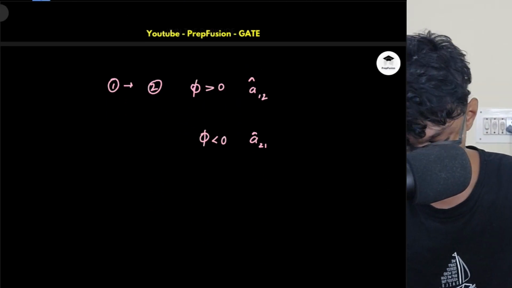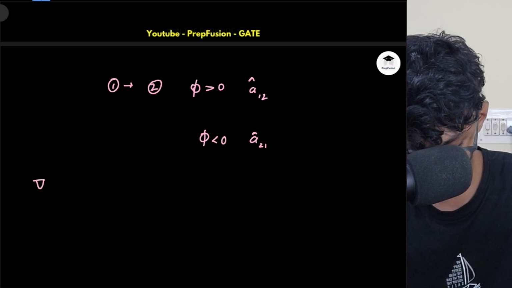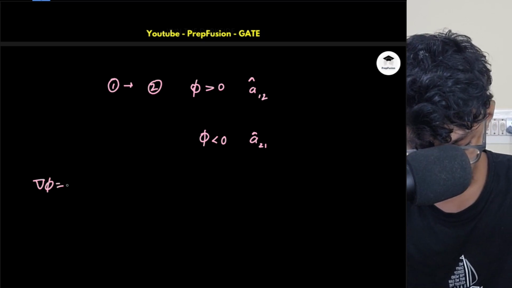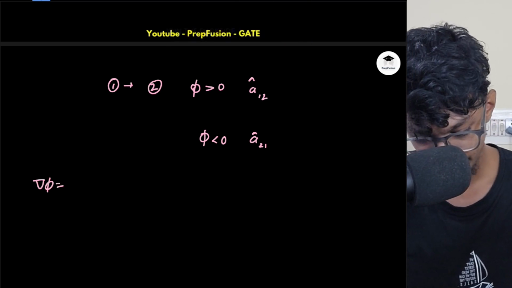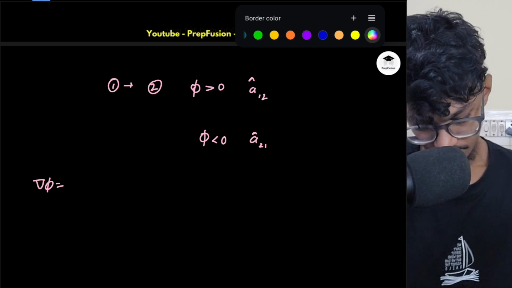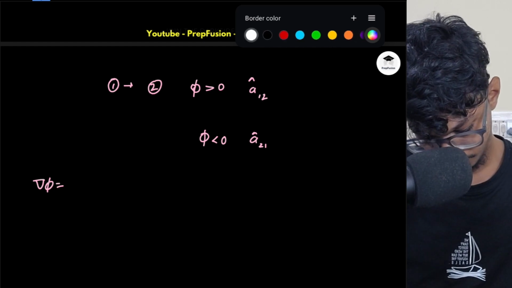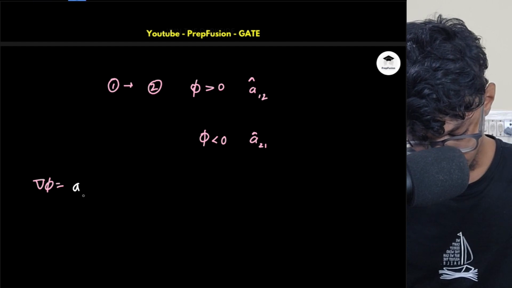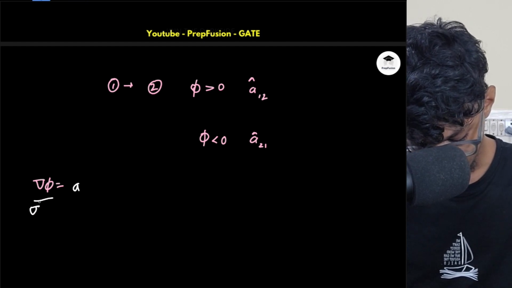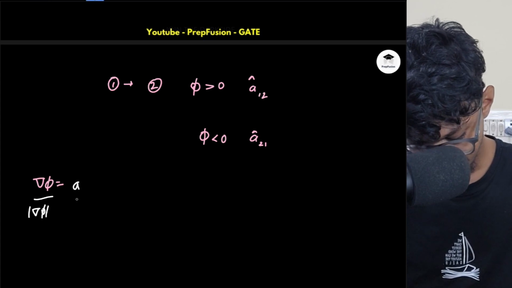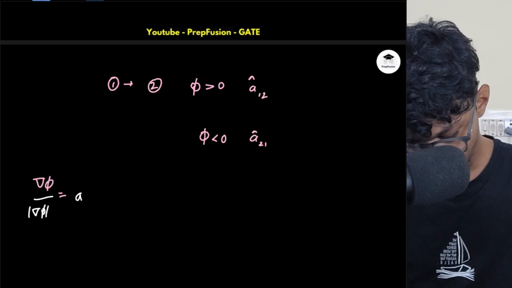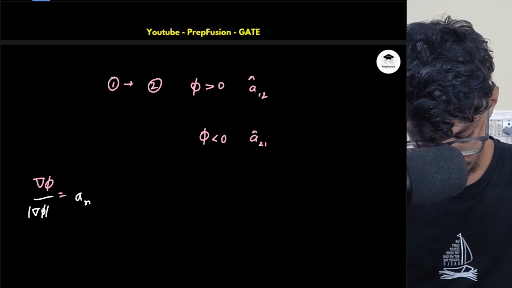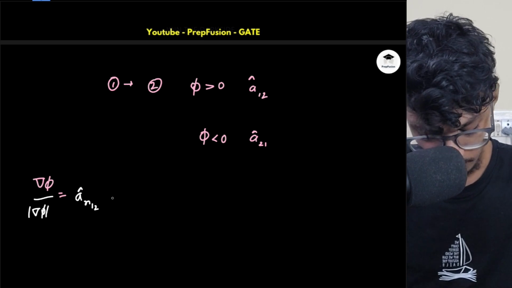So the gradient of phi will give me the direction, and I have to divide by the magnitude of grad phi as well, to give me the a_n12 cap.